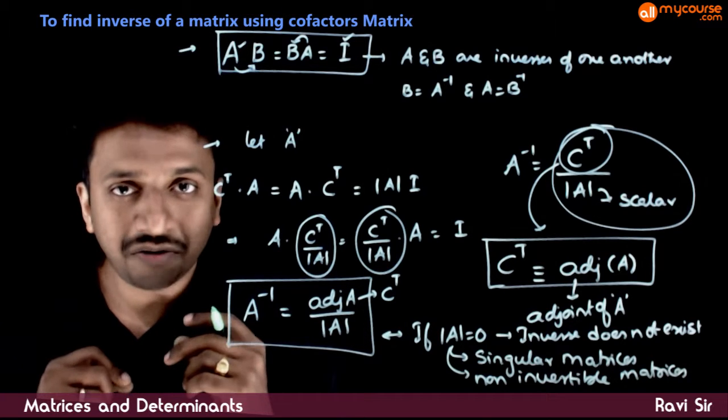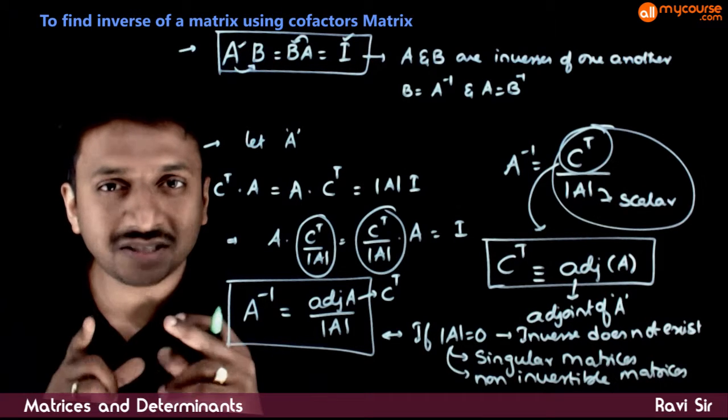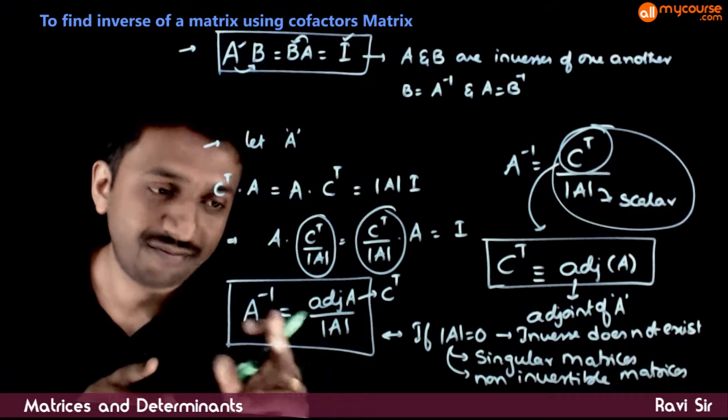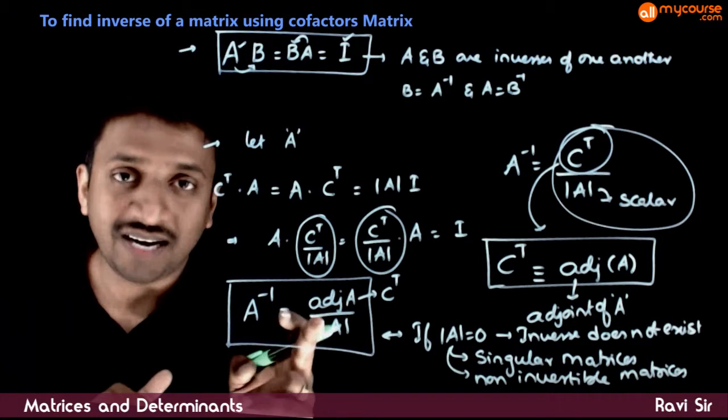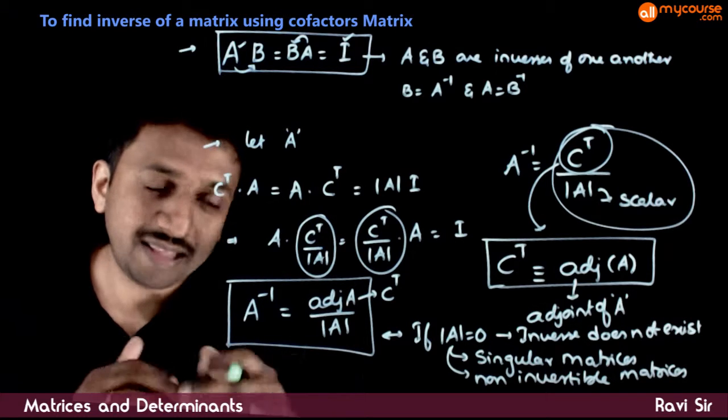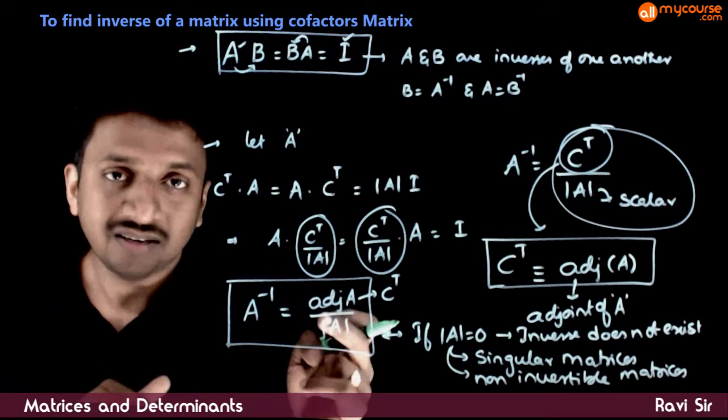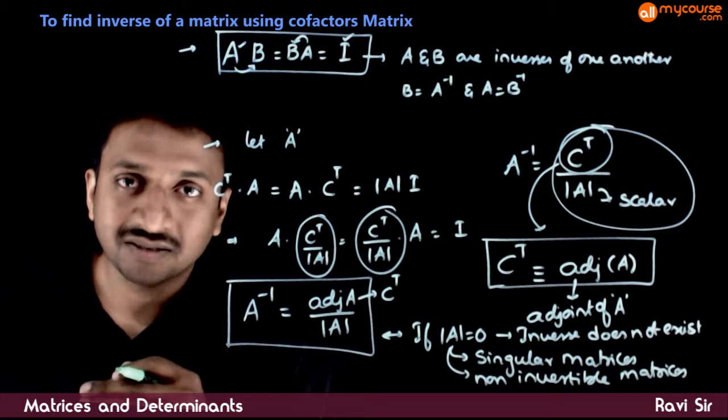So if you want to find the inverse of a matrix, first you need to find det A. If det A is equal to 0, you cannot find an inverse matrix. If det A is not equal to 0, then you can find the inverse of the matrix.